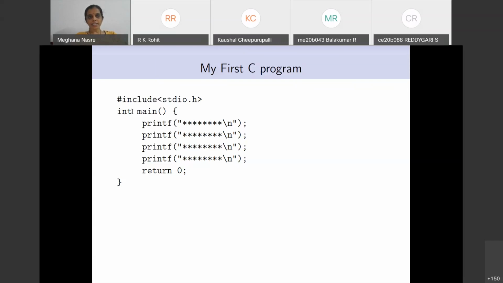Then the next line is int main. So this main is something which is a keyword, that is, you cannot change this word. You must write this main itself, and these parentheses tell that this is what is called a function in C, and this function does not take any parameters. So that is why there is something which is empty.